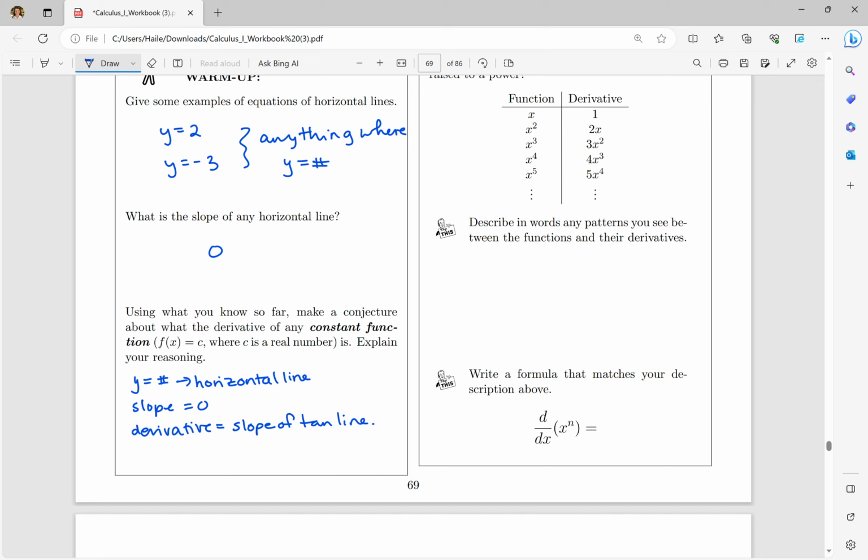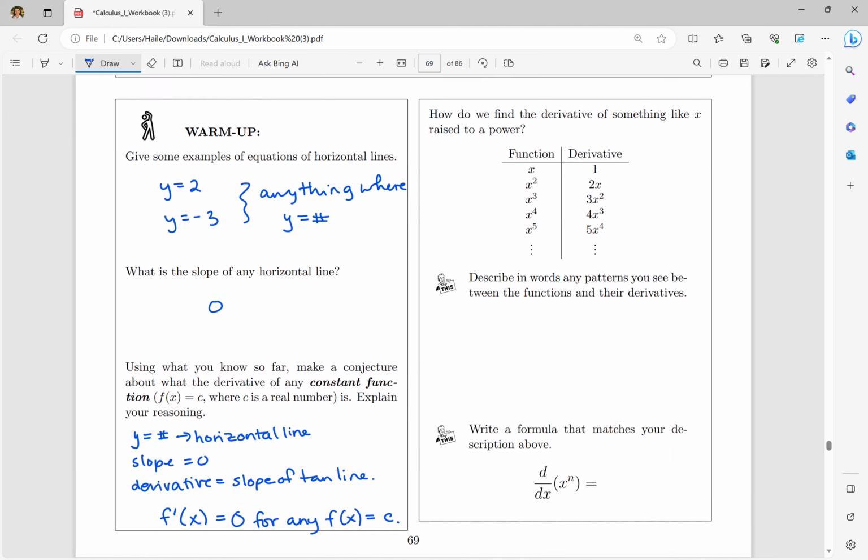But in our case, the tangent line is the line itself because it's a line. So we can say that f prime of x is equal to 0 for any f of x equal to c. Okay, so moral of the story, if you have a constant function, so if you just have a number as your function, then the derivative is always going to be 0 for such functions.